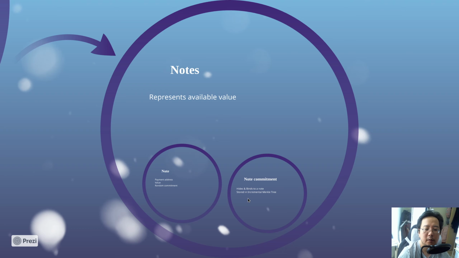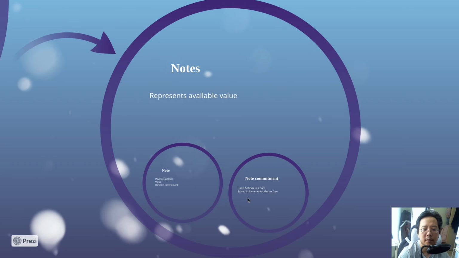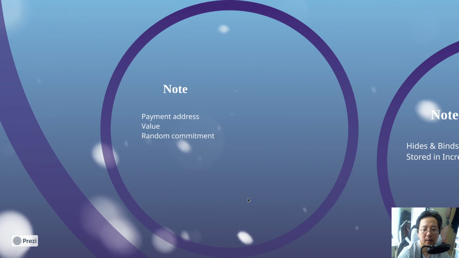When you create a node, the node captures this information, has these properties. So obviously you have the payment address. The payment address is a combination of a diversifier and the public key. Then there's the value, which is the amount that is at the node. And the additional thing that Bitcoin doesn't have is this random commitment.